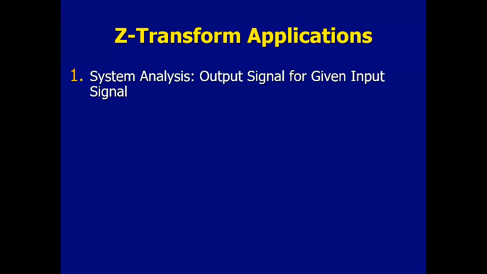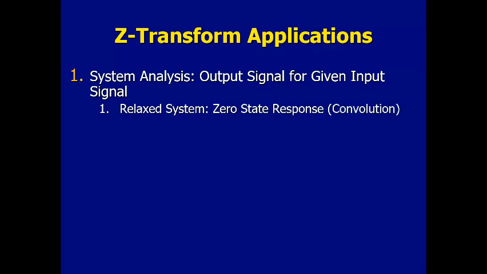You've given me a description of the system's dynamic behavior. That's the transfer function, H of z. You give me an input signal, okay, I can take its Z-transform. So for relaxed systems, we can certainly do zero-state responses.